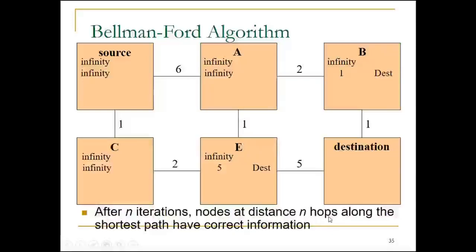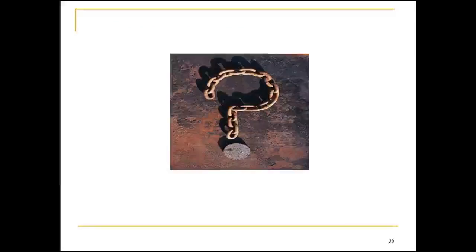So after n iterations or initialization, nodes at a distance of n hops along the shortest path have the correct information that they need to move the packet across. And as you proceed through, you start understanding how various source and destination packets are moved.